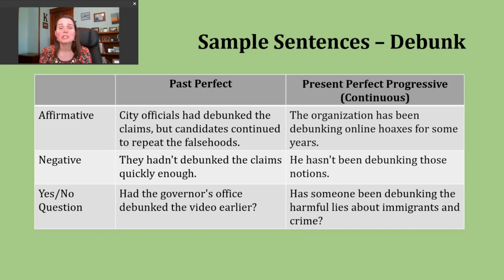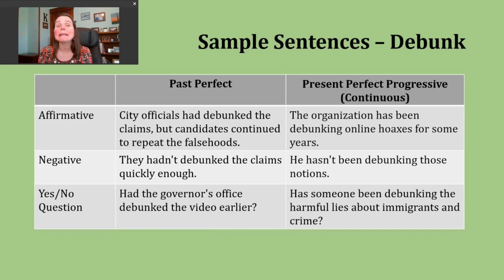Now, this sentence in particular wants to note that city officials, right, state something is not true. They provide evidence showing this thing is false. But the action of repeating it was ongoing there. It continued. So even after, right, sometimes rumors continue to spread.